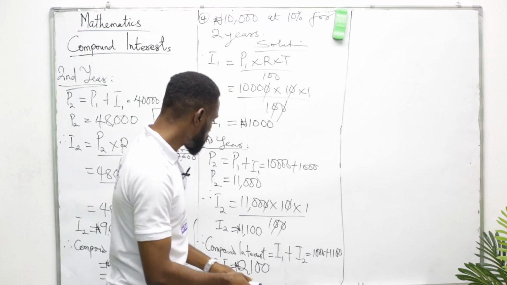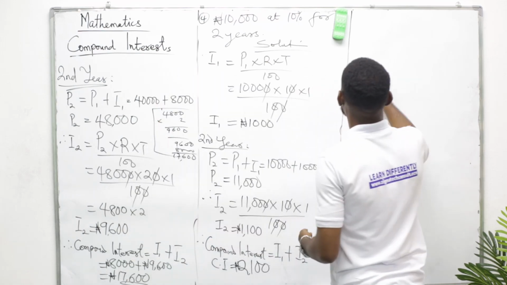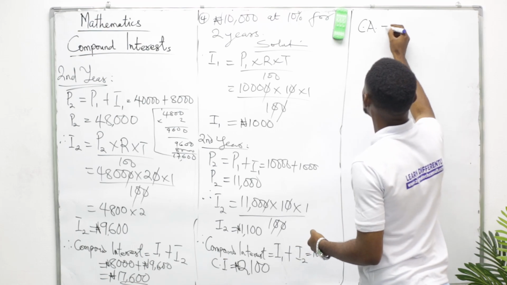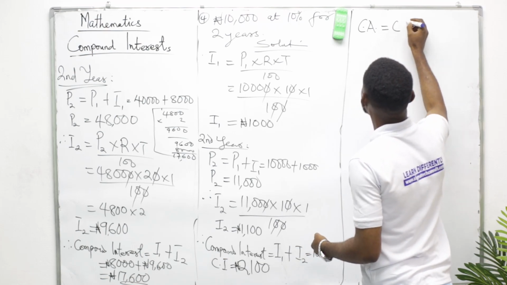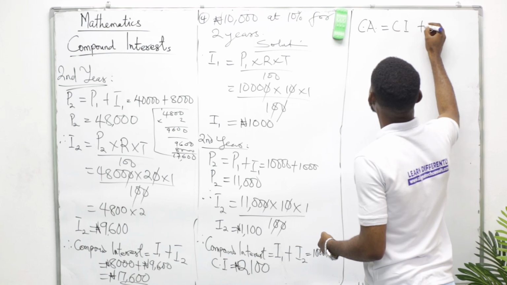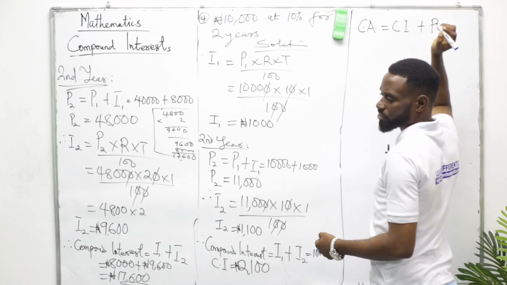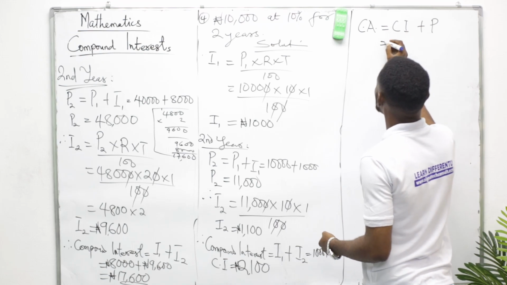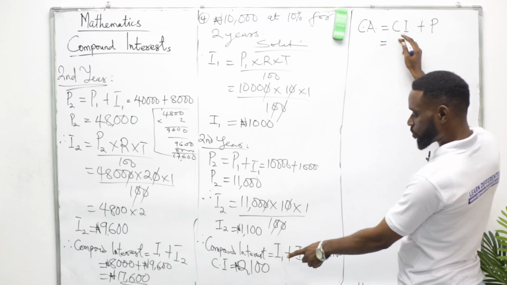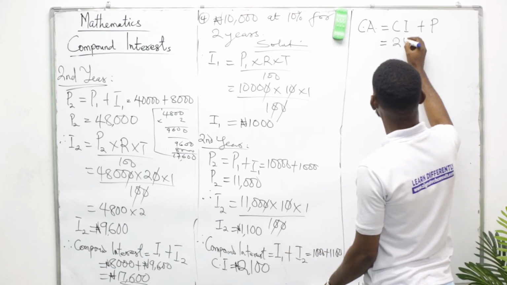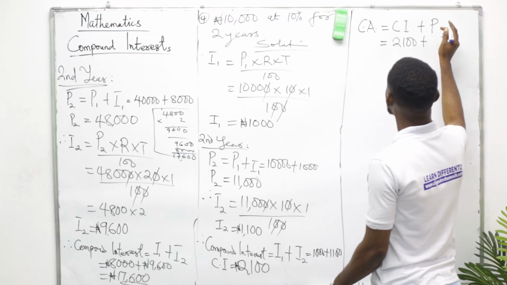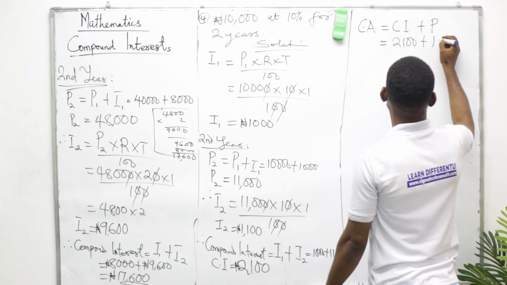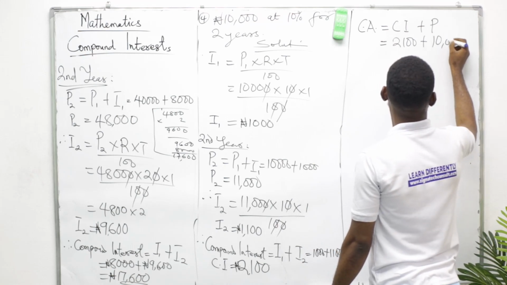Okay? So remember that formula, compound amount, CA, is equal to compound interest plus principal amount. Do you understand? So it means that the compound amount that she will get is equal to the compound interest of 2,100 plus the principal, which is her principal amount of 10,000 naira.